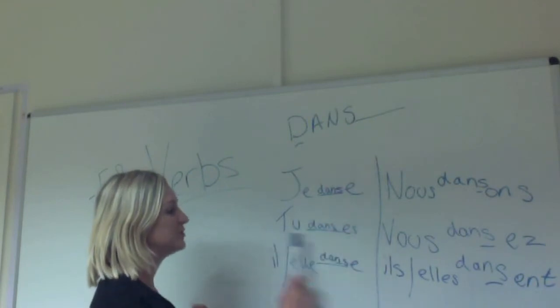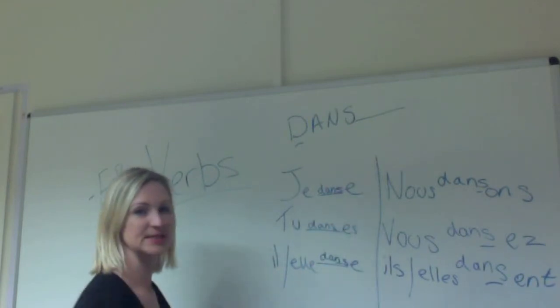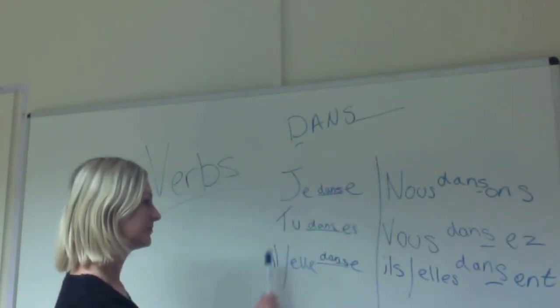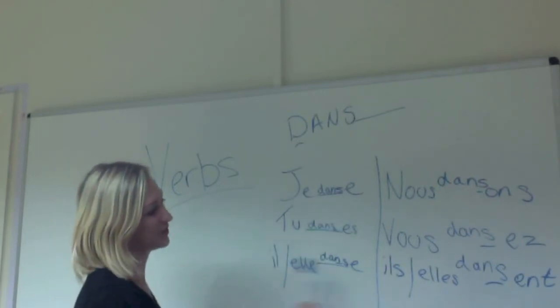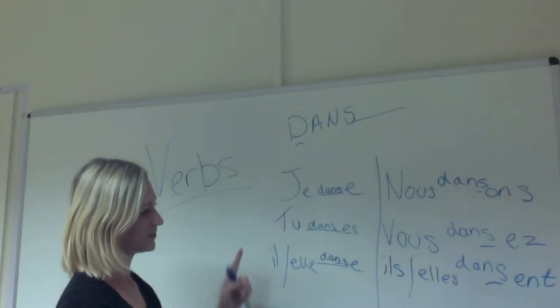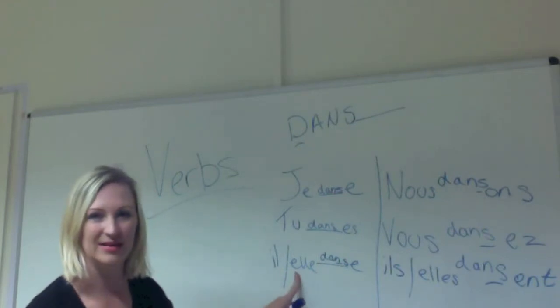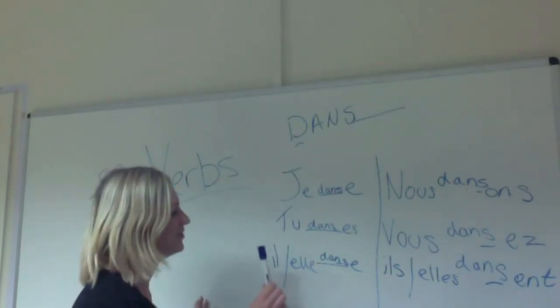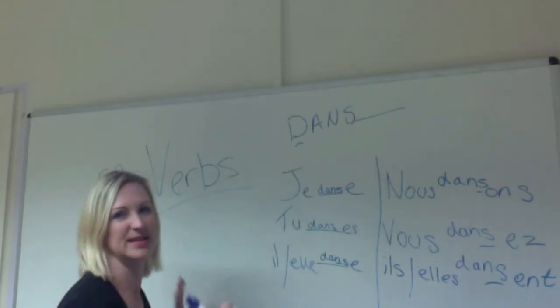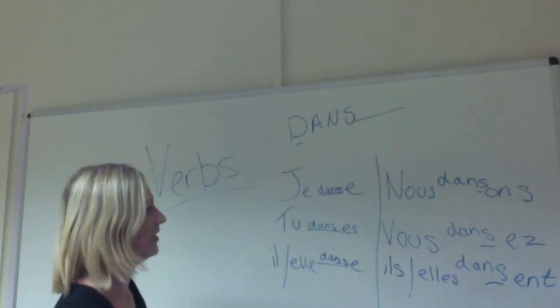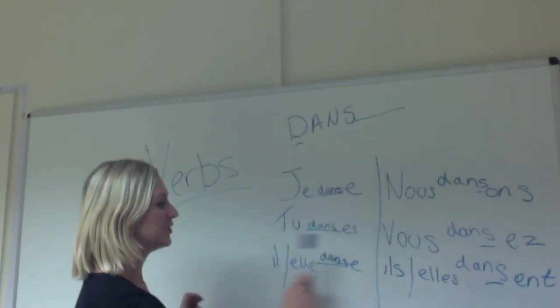Let's chant that more so it sticks. Je danse, tu danses, il danse. Repeat. I'll say it again. Je danse, tu danses, il danse. You'll note I don't say the L, but you don't really need to do the L because if you remember the il goes with L, you don't need to duplicate your words and add more to your rhyme. Je danse, tu danses, il danse.